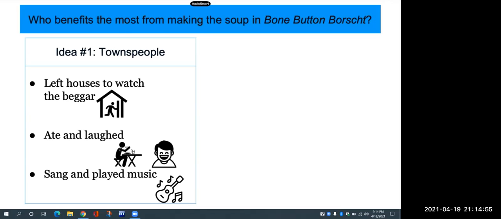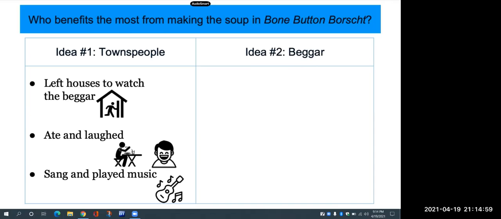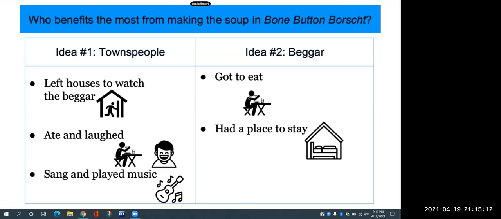And they sang and played music. Now let's think about how the beggar benefited from making the soup in Bone Button Borscht. The beggar got to eat. He also had a place to stay out of the cold weather. And he also ended up with new buttons.